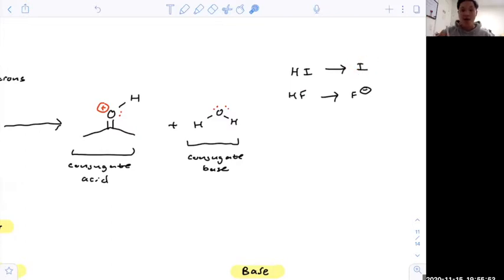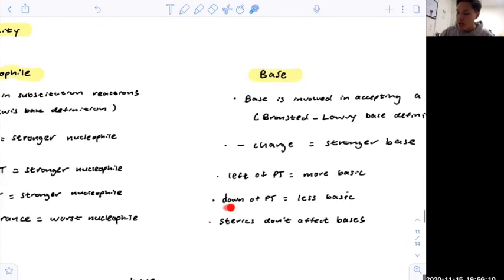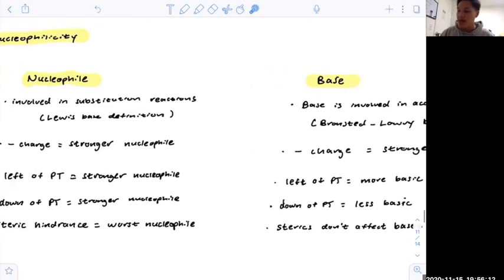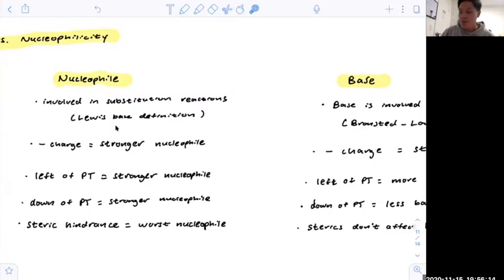As you go down, it's weaker. That means my base here is going to be weaker than fluorine. In fact, fluorine is actually a very strong base, because my HF is such a weak acid, I make a very, very strong conjugate base. Okay? So as you go down, it's less basic for bases, but as you go down, it's more nucleophilic for nucleophiles.